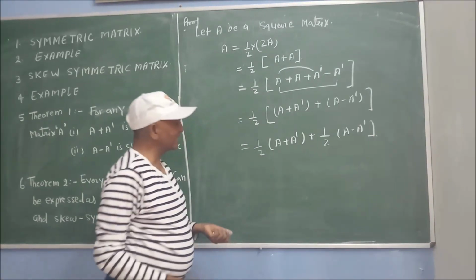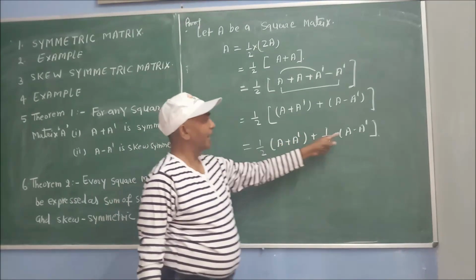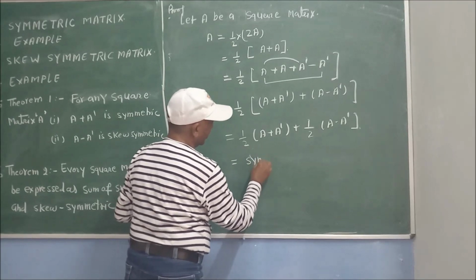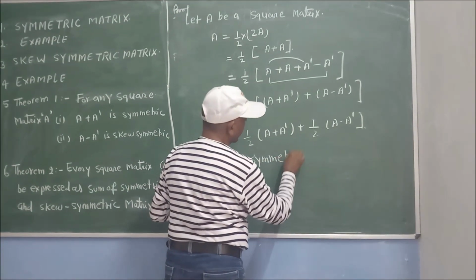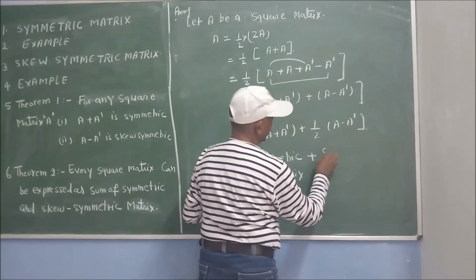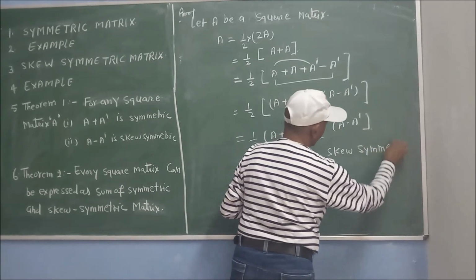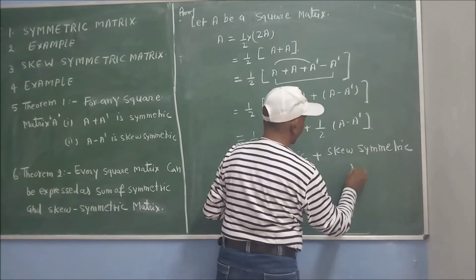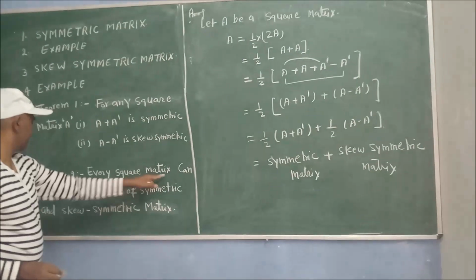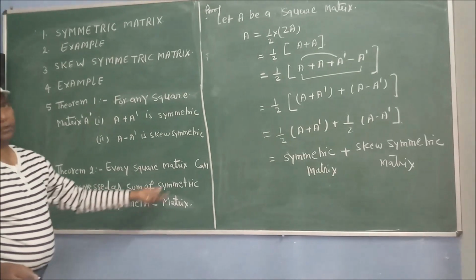In our previous example, we have proved that A plus A dash is a symmetric matrix and A minus A dash is a skew symmetric matrix. So this can be written as symmetric matrix plus skew symmetric matrix. So we can say that every square matrix can be expressed as the sum of a symmetric and a skew symmetric matrix.